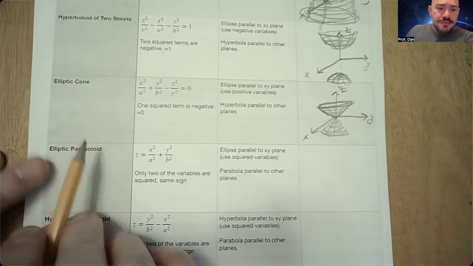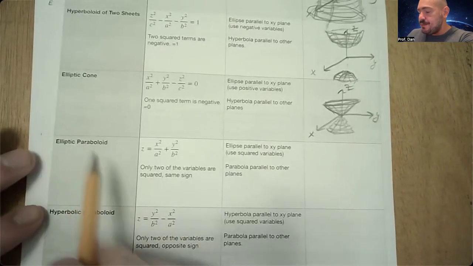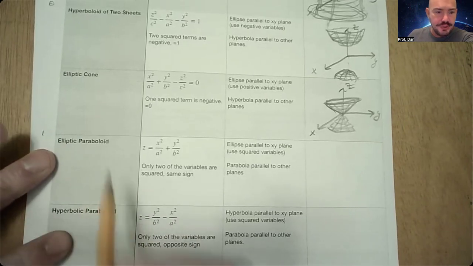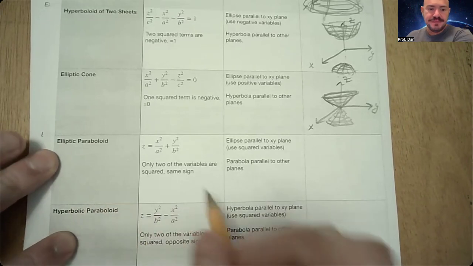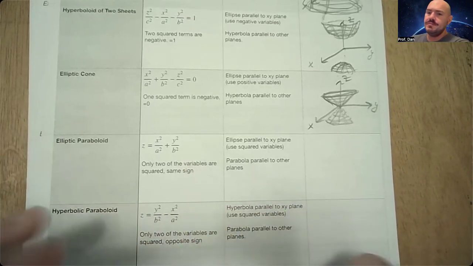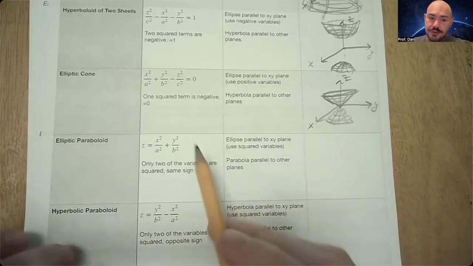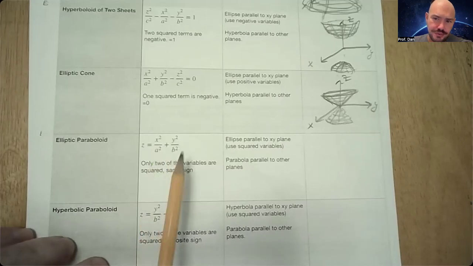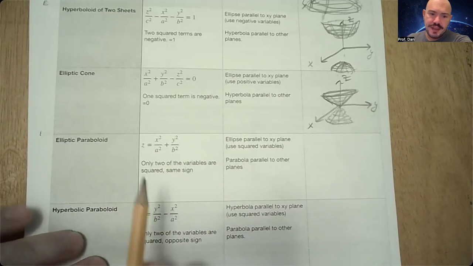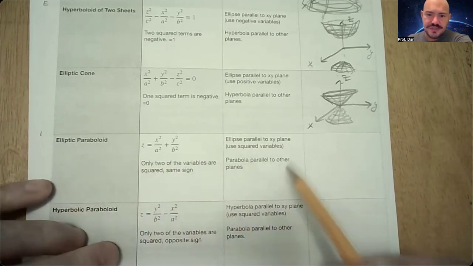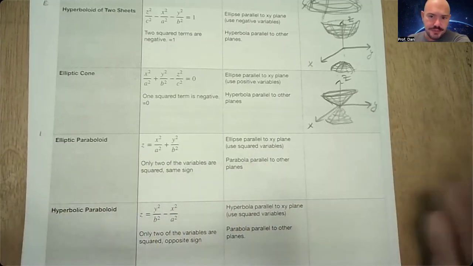All right, now moving on to the last type of quadric surface, we have paraboloids. Okay, and with paraboloids, the big signal that you have a paraboloid is that only two of the three variables are squared, right? And the variable that's not squared is going to give you the axis for that paraboloid, right?